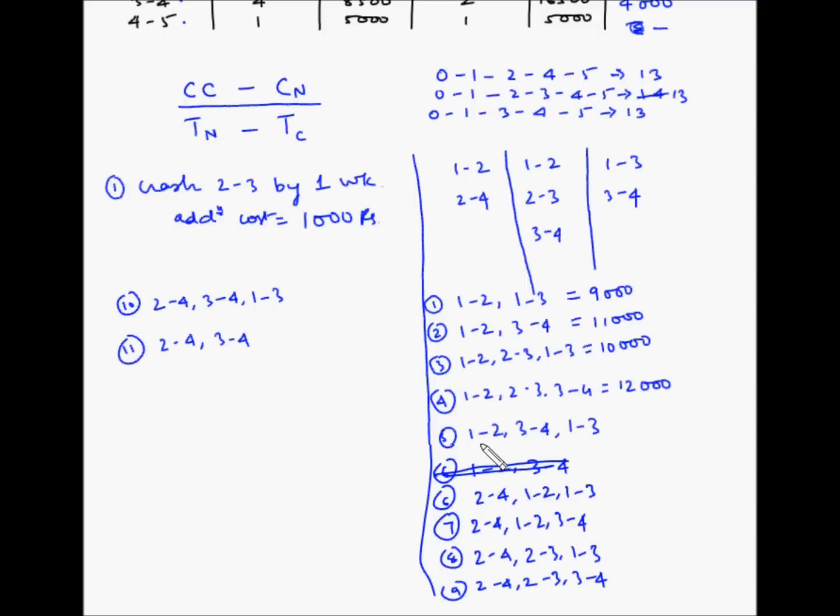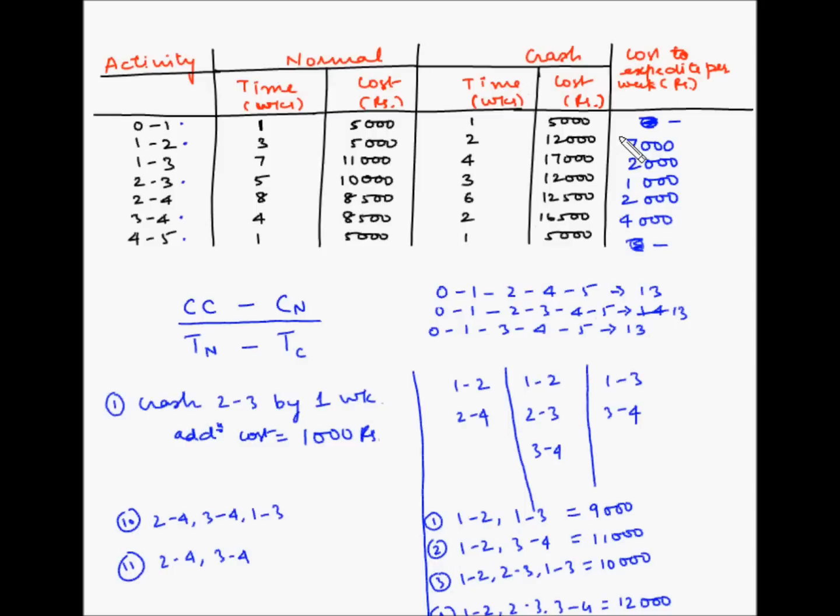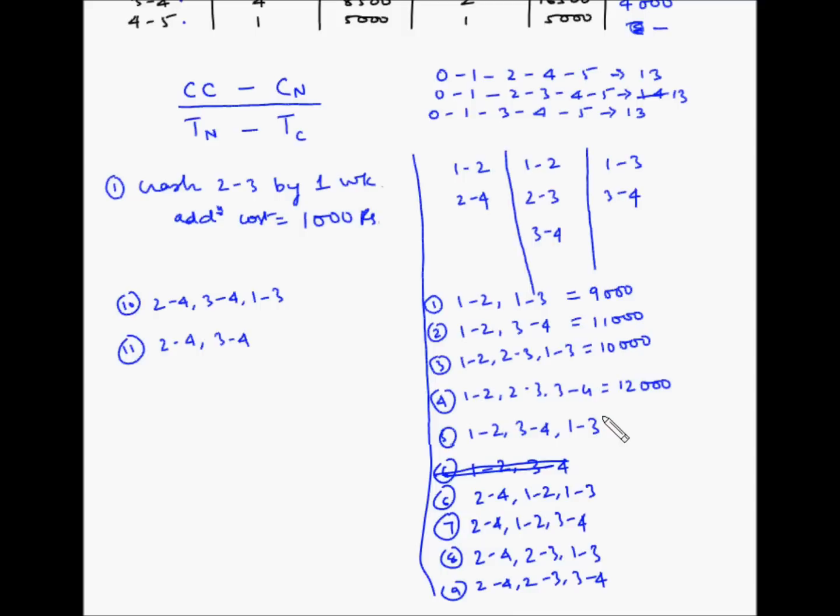Now the next combination is 1-2, 3-4, 1-3. So 1-2 is 7,000, 3-4 is 4,000, so 7 plus 4 is 11, and 1-3 is 2,000, so 11 plus 2 is 13, so this is 13,000.